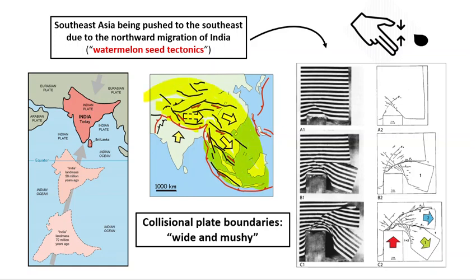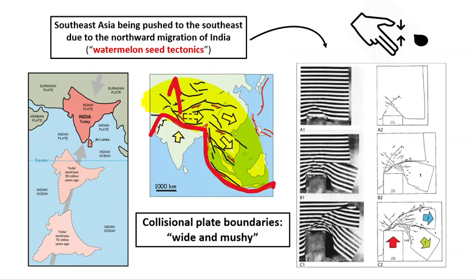and extending hundreds of kilometers inboard from the plate boundary, we get lots of faulting. The actual plate boundary is shown in red. So if we did have to actually draw in the plate boundary, that would be the best approximation of the plate boundary. But the point is that a lot of this deformation and uplift and mountain building is not just confined to the area of the plate boundary itself.